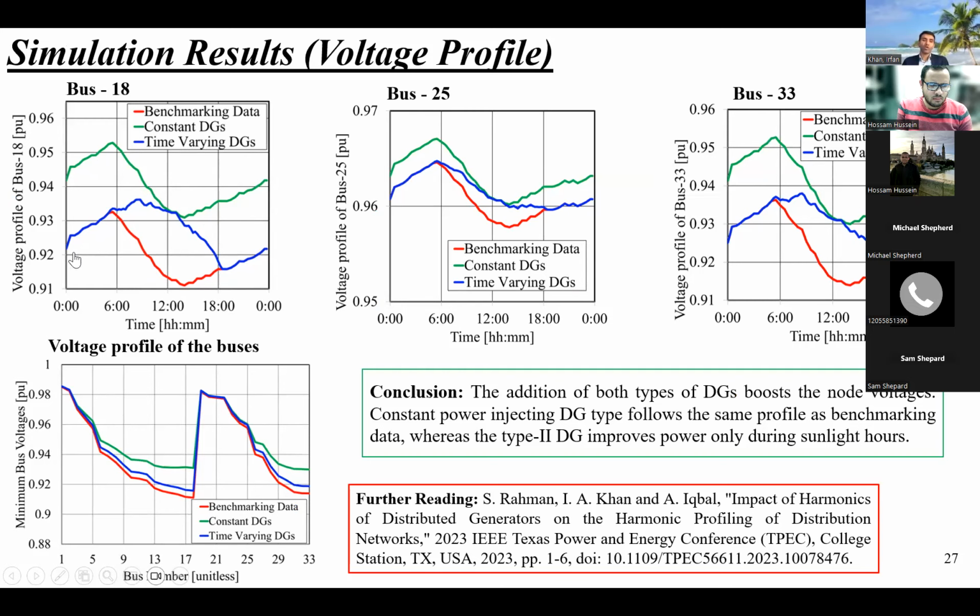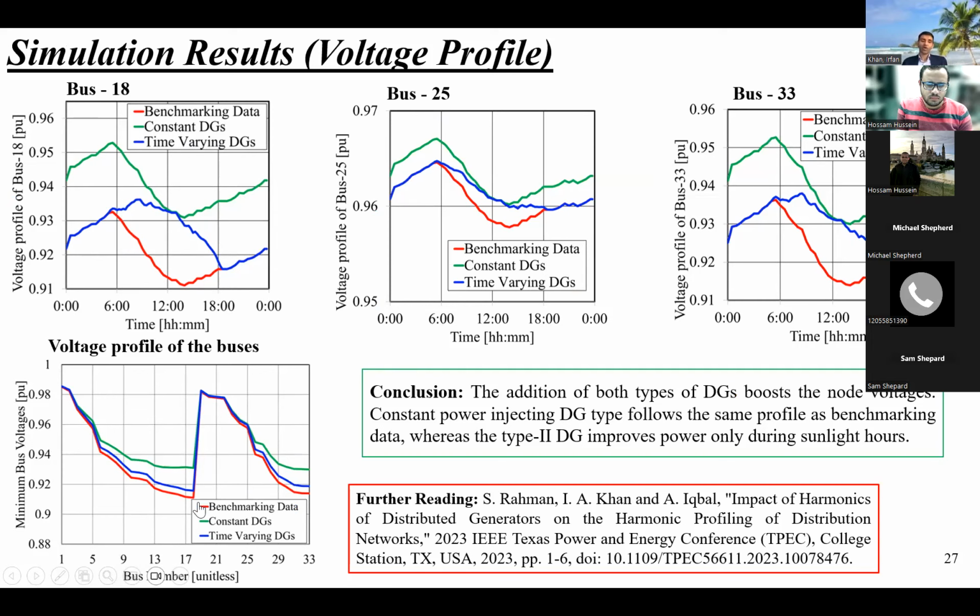So it will improve all the voltages if we have constant power injection. It has improved all. However, our time-varying DGs will have no impact when they're contributing no power. So the voltage will remain the same, no impact. When they start contributing power, voltage will improve also. The same case is with bus number 25 and bus number 33.